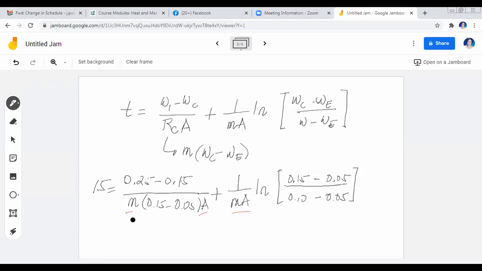So I will have here 1 over MA being equal to, since the first term has 1 over MA and this one has 1 over MA, you can factor out 1 over MA and then process the sum of the factors that you have here. The sum you will use as a divisor for 15 so that you will have the value of 1 over MA.